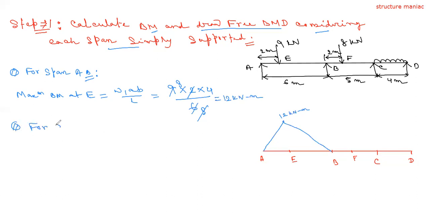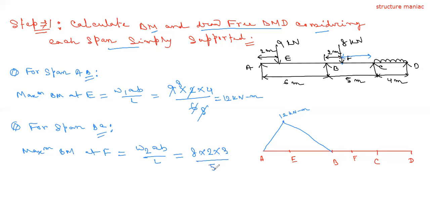Now for span BC, where will the maximum bending moment occur? At point F, where the point load is acting. The maximum bending moment at F will again be W2 A B by L. The value of W2 is 8, A is 2, B is 5 minus 2, that means 3, and L is 5.